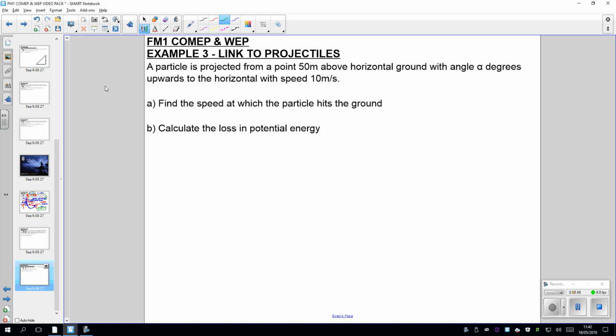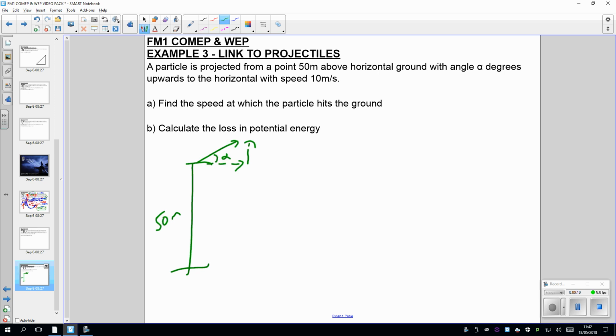This is great because this links to projectiles. Love this because it makes projectile questions so easy to find the height of something, or anything to do with velocity and links between the height. So I've got a particle projected from a point 50 meters above, so 50 meters, with angle alpha. But what we see is, don't really care what alpha is, okay?